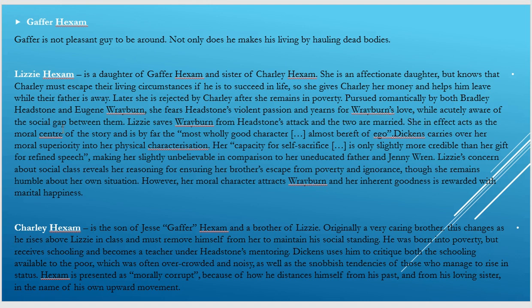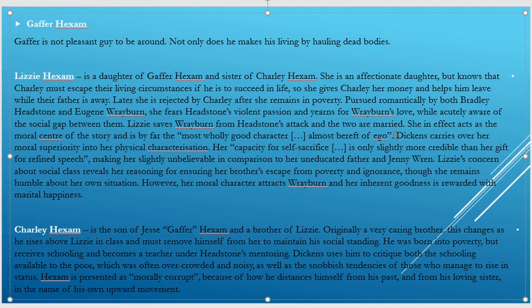And she is almost acting in many situations like she has an ego. Dickens carries what we call her moral superiority into her physical characterization. What we need to know about Lizzie is that she has some emotions, and she is also a character who married Rayburn because she saved him from Headstone when Headstone attacked Rayburn.